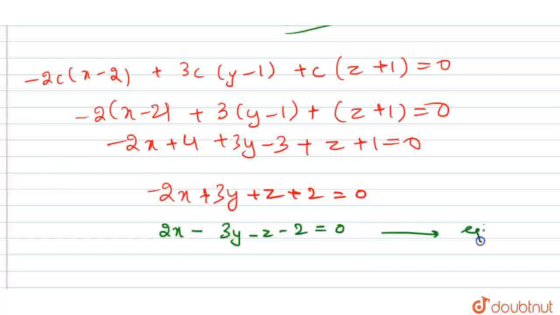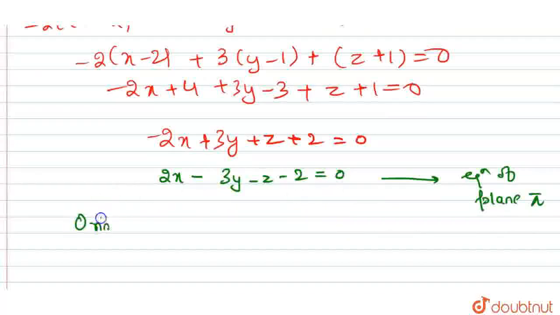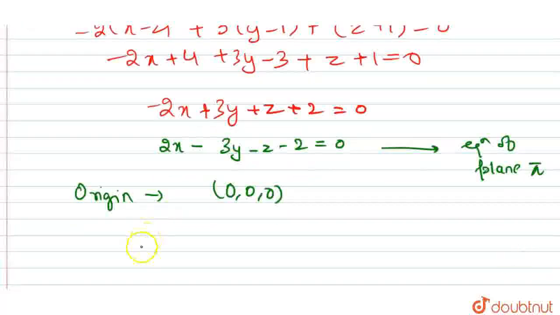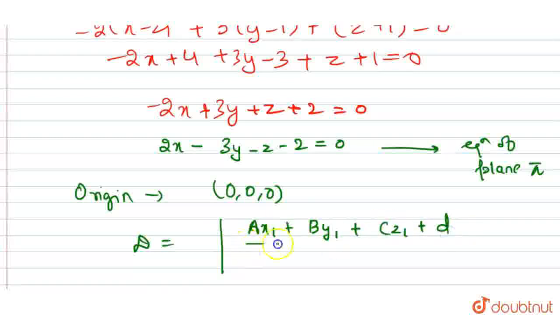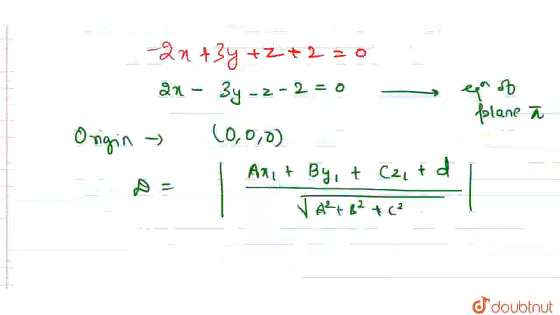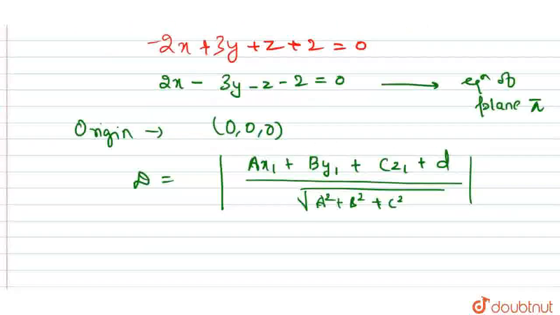So this is our equation of plane π, right? And we have to find out the distance of the origin from this plane. The origin is 0, 0, 0, and the distance formula is d = |a·x1 + b·y1 + c·z1 + d| upon root of a square + b square + c square, where a, b, c are the coefficients of x, y and z respectively.